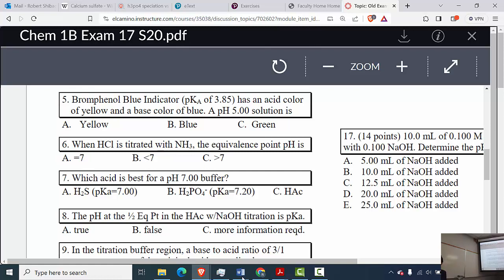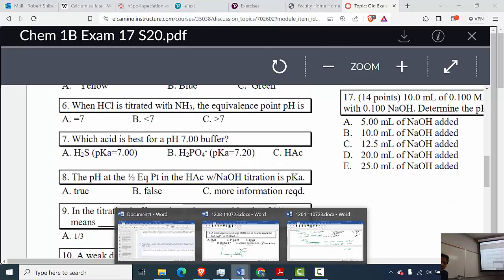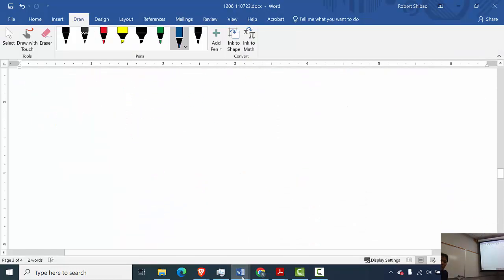Since HCl is a strong acid, and ammonia is a weak base, is that why it favors the acid more? Because when you titrate HCl, a strong acid, with a strong base, it's 7.